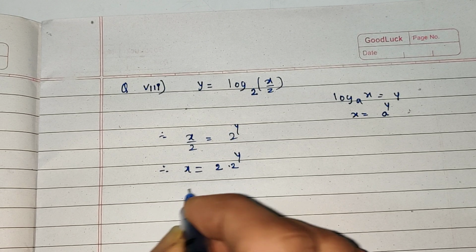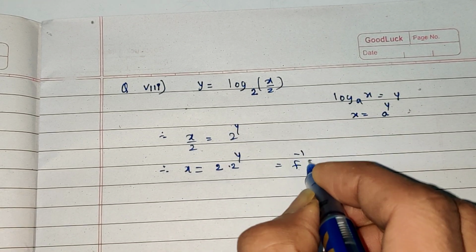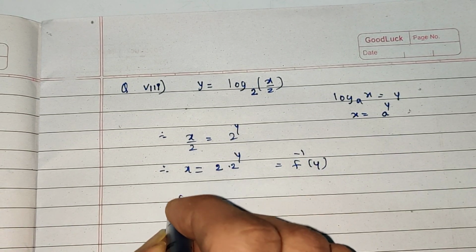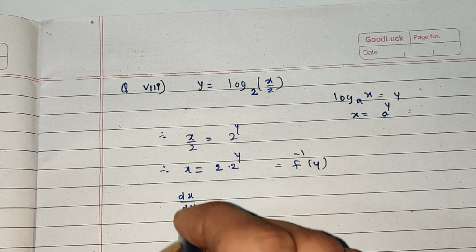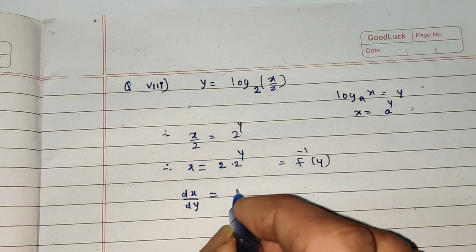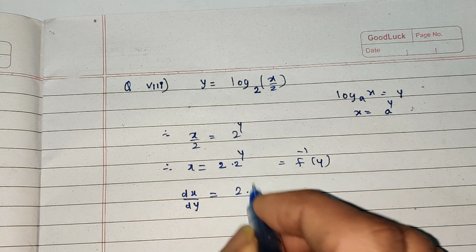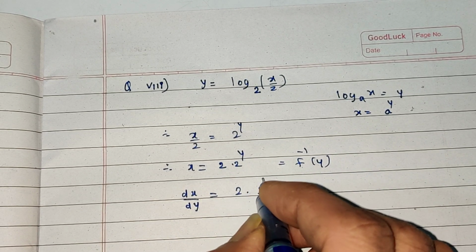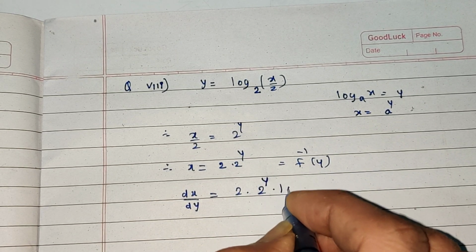Differentiate it. It is of the form f inverse of y. So derivative dx by dy is equal to 2 times derivative of a raised to power x, that is a raised to power x into log of a.